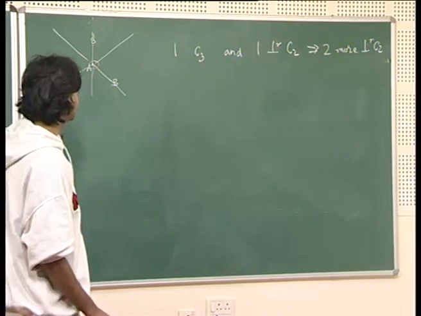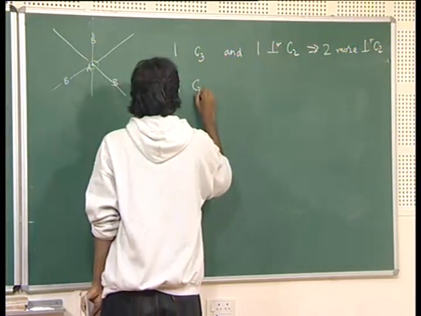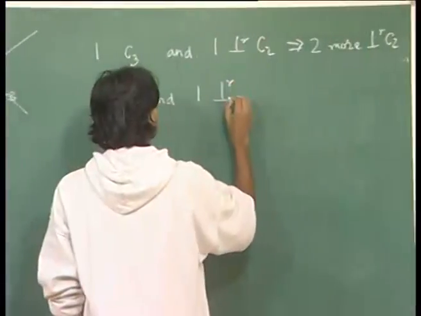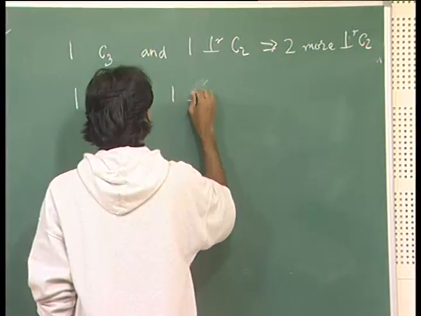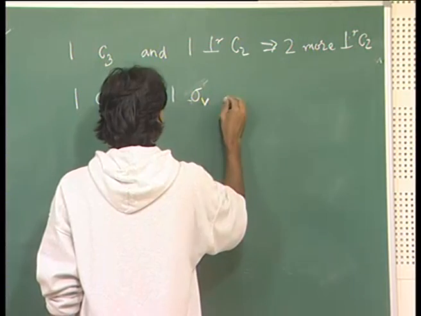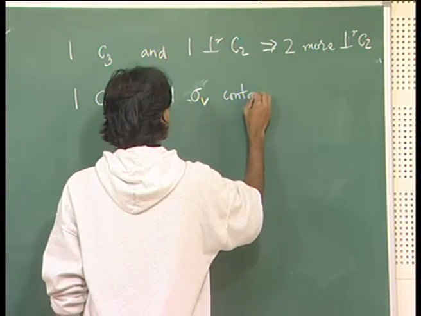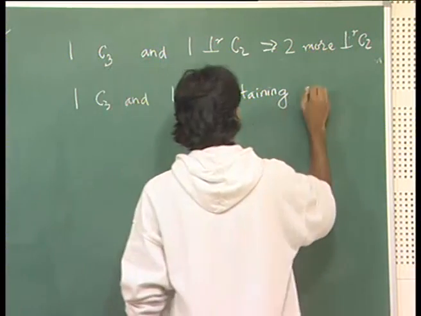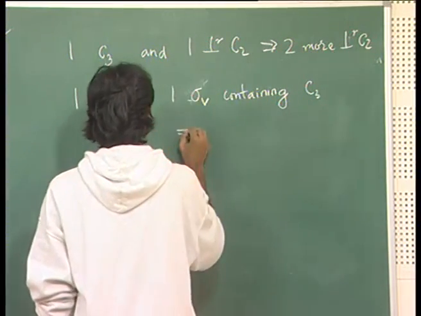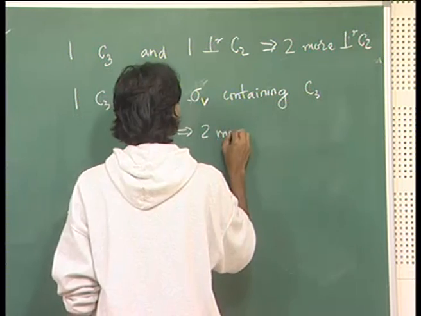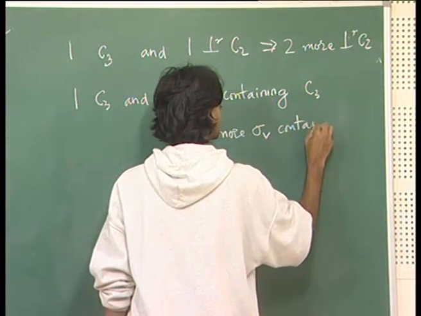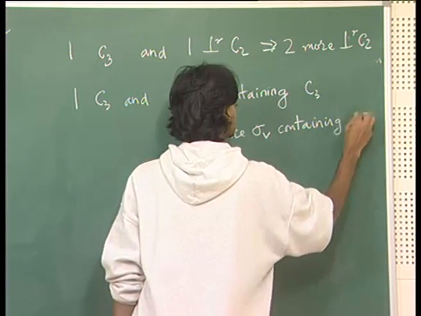Similarly, one C3 and one sigma V containing C3 implies 2 more sigma V containing C3.